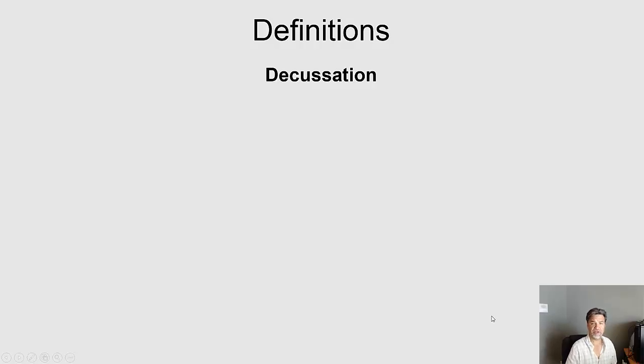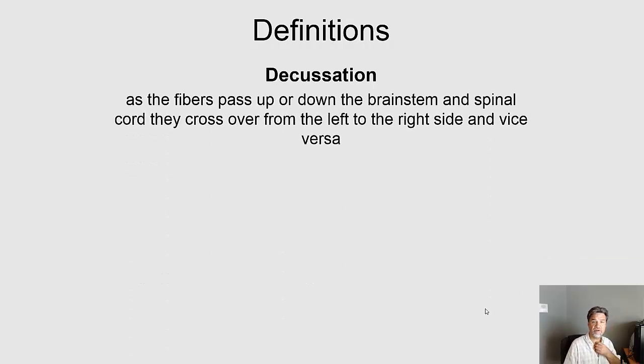Now, we're going to start covering some more terminology. Decussation is the crossing over of fibers. This is a really interesting aspect of function in the central nervous system, in that the right side of the brain is largely going to receive sensory information from the left side of the body, and also will project motor fibers for the most part to the left side of the body, and vice versa.